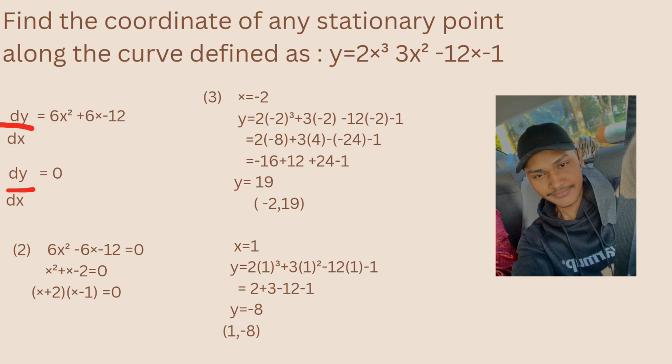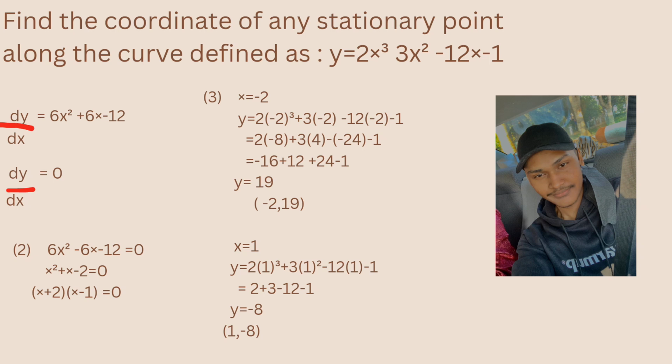After that we get 2 times negative 8 plus 3 times 4 minus negative 24 minus 1. So we get negative 16 plus 12 plus 24 minus 1. So the answer is y equals 19. We put it in brackets: (negative 2, 19).